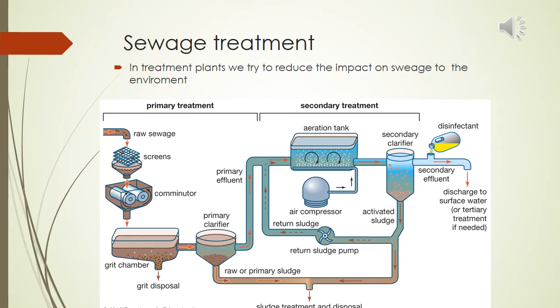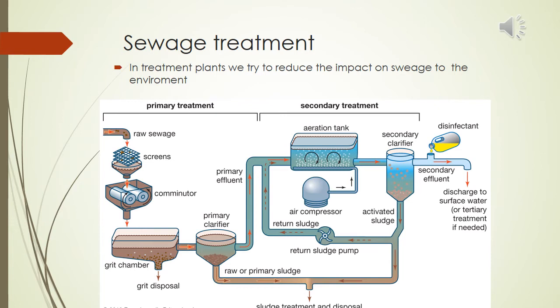Here, bacteria will help to break down the organic compounds, and these will then fall to the bottom, and in the second clarifier they'll sink to the bottom, and again we will have a separation between the sludge and the clean water. We might then disinfect the water even further, either chemically or by UV radiation, or we will let this water run into the stream.